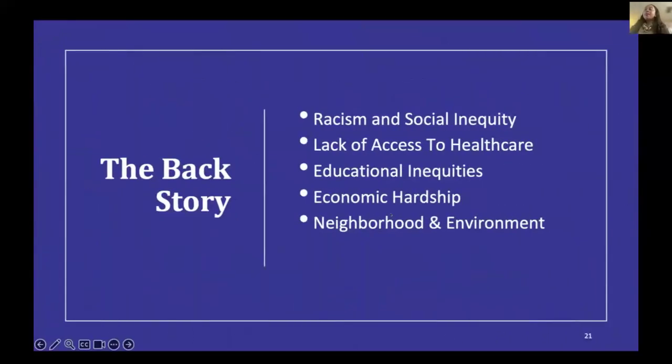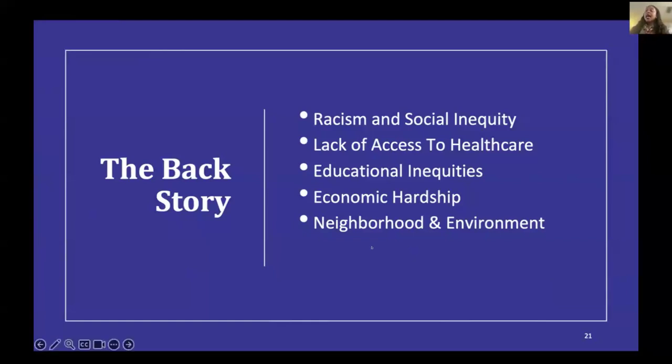Why is this? Let's talk about the backstory. Stats are one thing, and we could quote stats all day, but I'm all about understanding why. What are the root causes? What's the backstory? Well, the first is there's significant racism and social inequity that exists in our country, and that has been for decades. Unfortunately, while we've come a mighty long way, as my grandmother would say, we still have a long way to go.